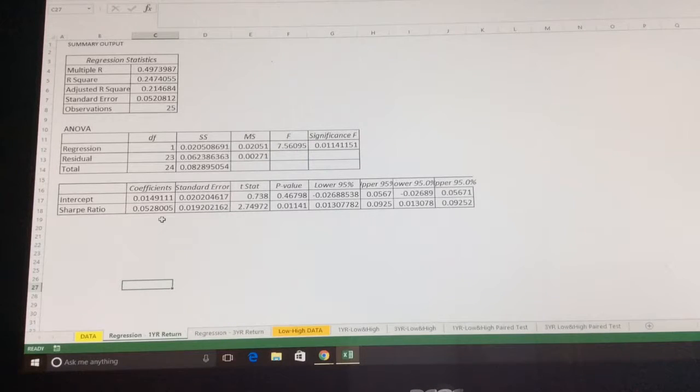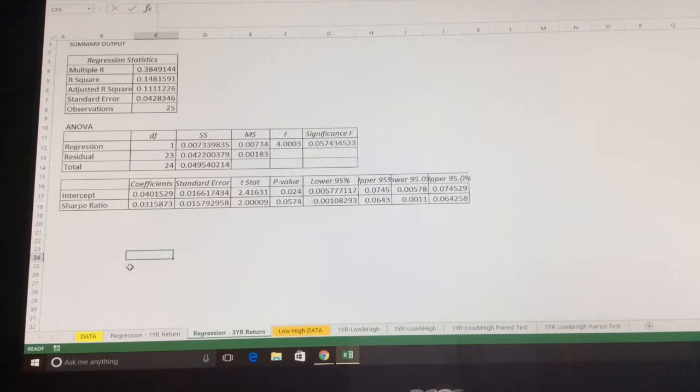Okay, so now we're going to move over to the regression analysis on the 3-year return. So with this, the x variable is still the Sharpe ratio for these funds, and the y variable now is the 3-year average returns for these 25 funds that we picked.